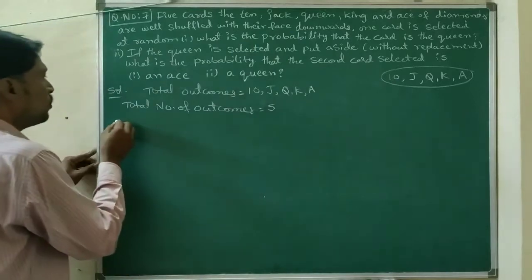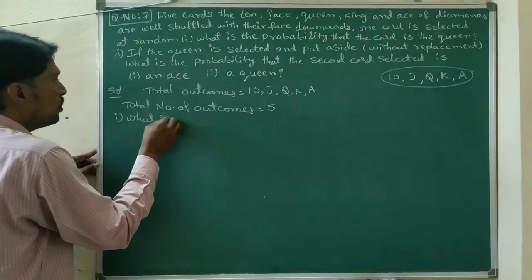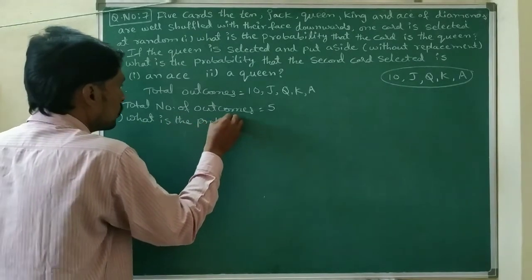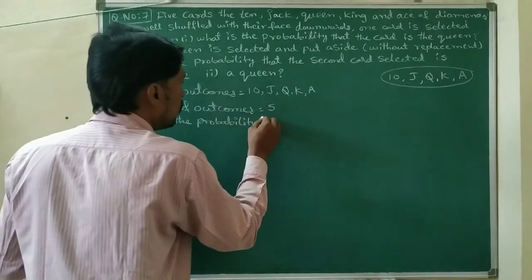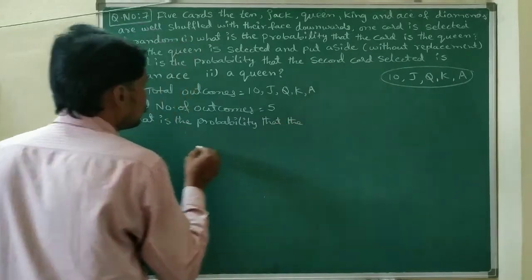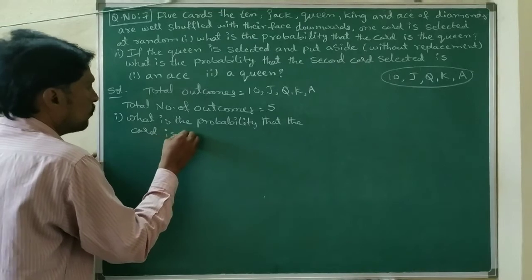So first one you can find out. What is first one? What is the probability that the card is the Queen?